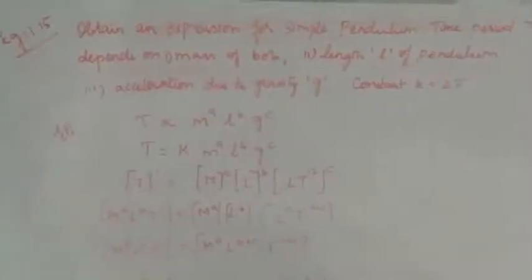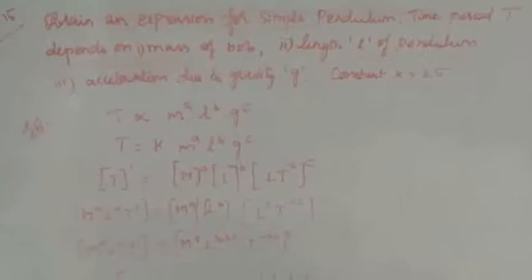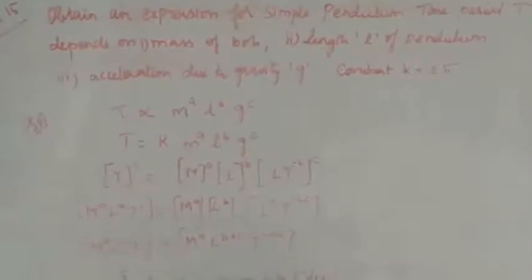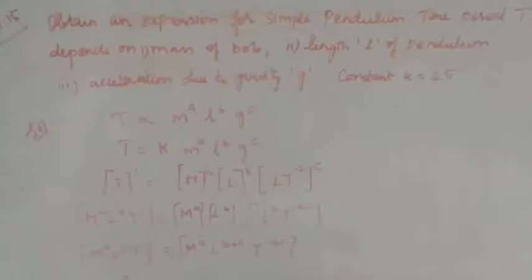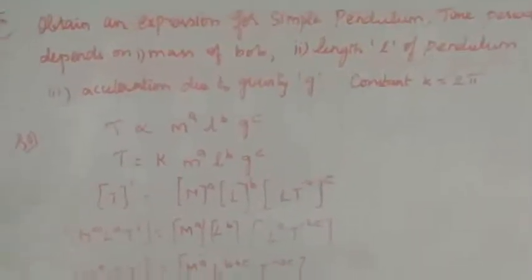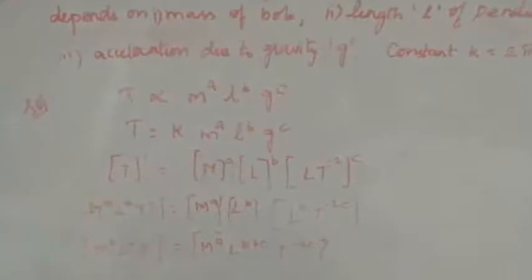Example 1.15. The question is, obtain an expression for the simple pendulum time period T, which depends on the mass of the bob, the length of the pendulum, the acceleration due to gravity g, and the constant k value is 2 pi. So it is given in the question that the time period of a simple pendulum T is related to mass, length and acceleration due to gravity.